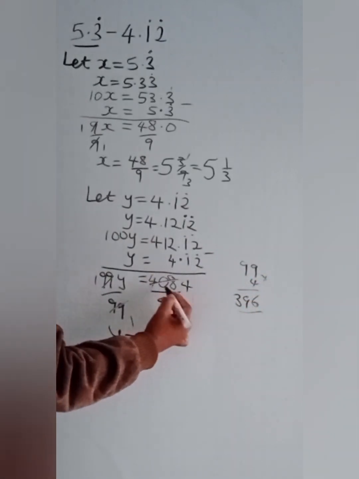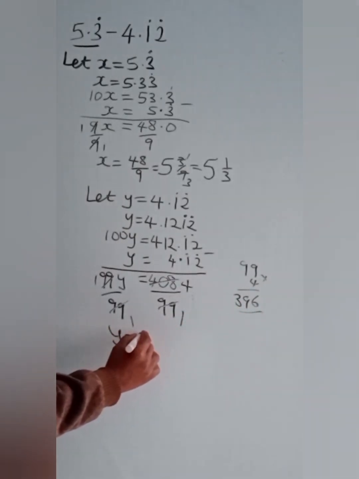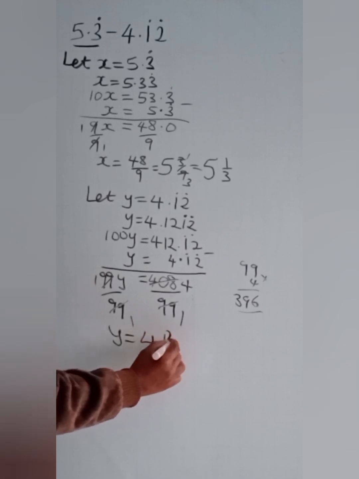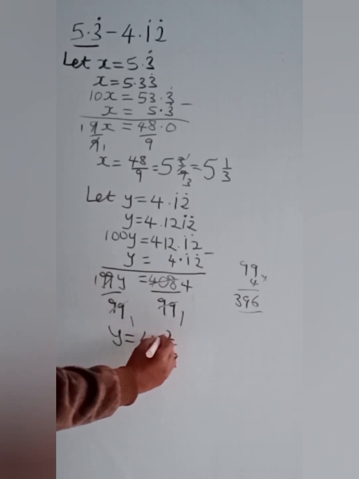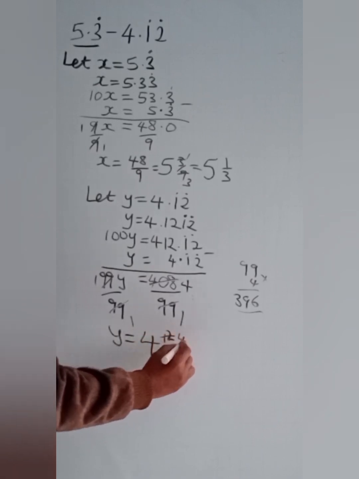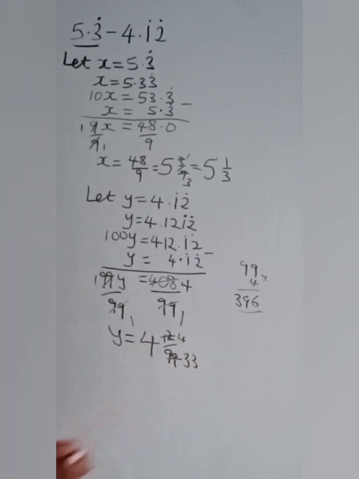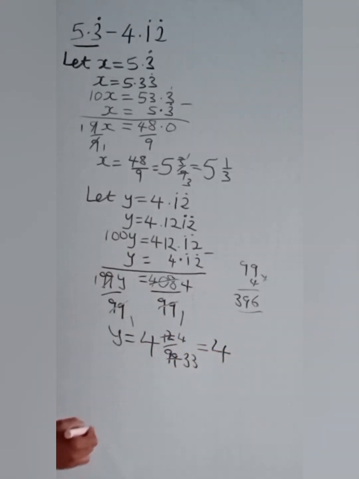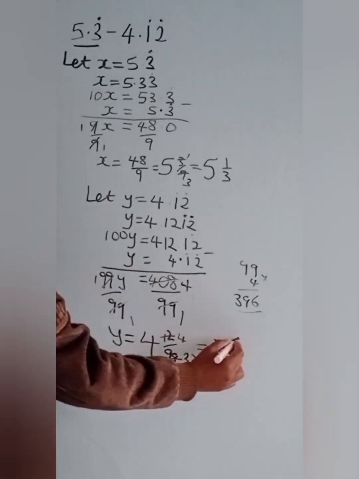So 408 minus 396 remains 12. So that will be 4 whole parts and 12 over 99, which you can simplify by saying 3 cancels here 4 times, and 3 cancels here 33 times. So that can be written as 4 and 4 over 33.